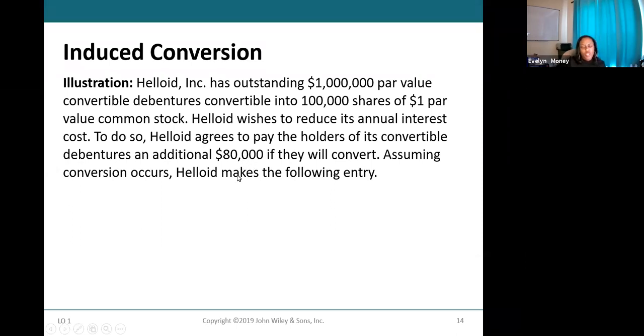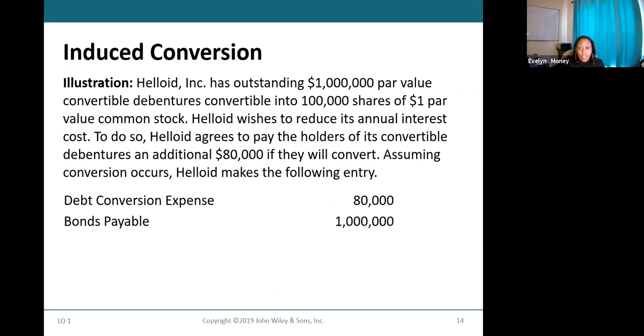So at conversion, you can do this as two separate entries or one big entry. We're going to take the old debt off the books and put the new equity on. We're also going to record the $80,000 in cash that we're paying in debt conversion expense, but there is no gain or loss. So there's the debt conversion expense there.